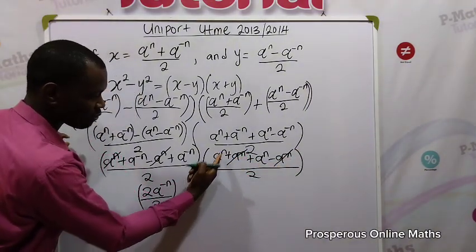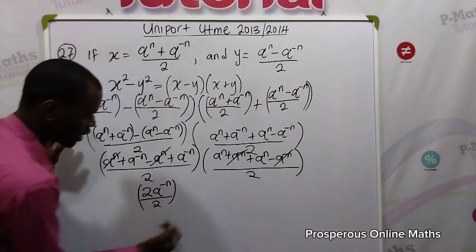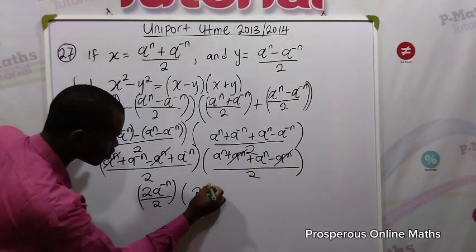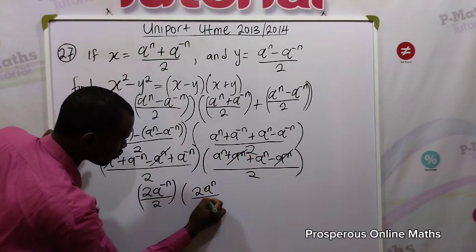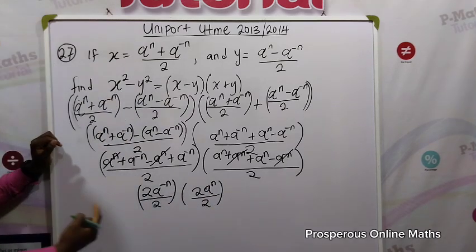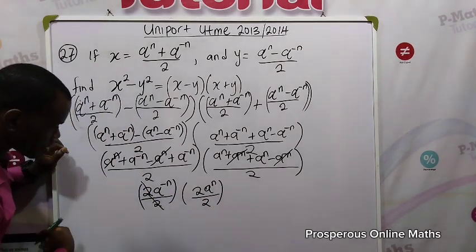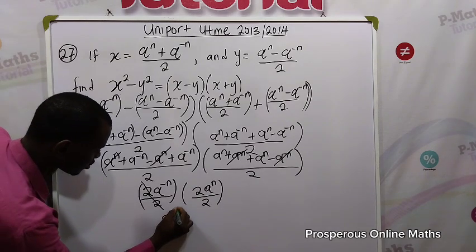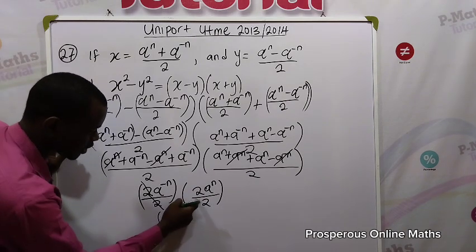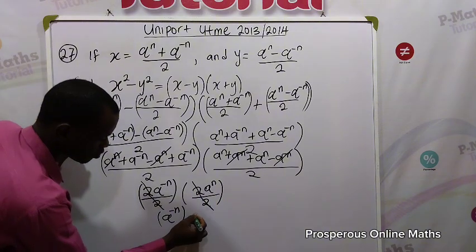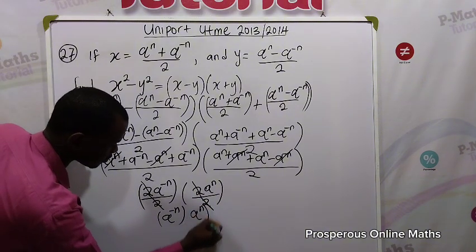So all we have is a power n, a power n. Add the both of them, you have 2 a power n all over 2. Now we have a simple fraction where 2 can simply divide 2. So we have what? A power minus n multiply 2, we simplify 2, we have a power n.